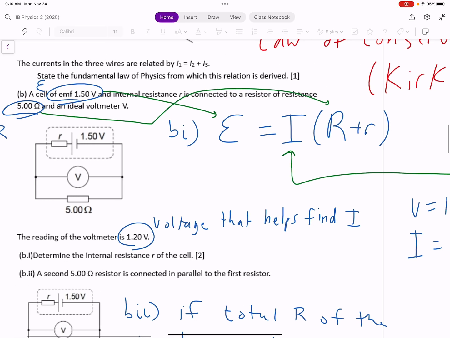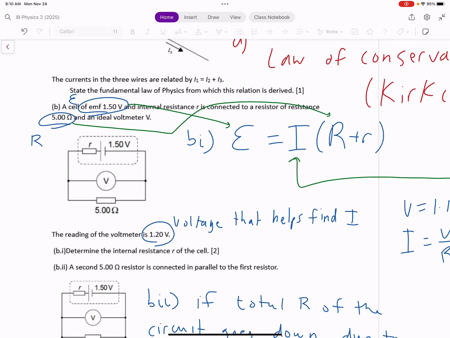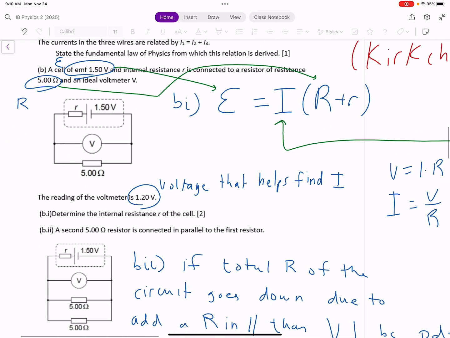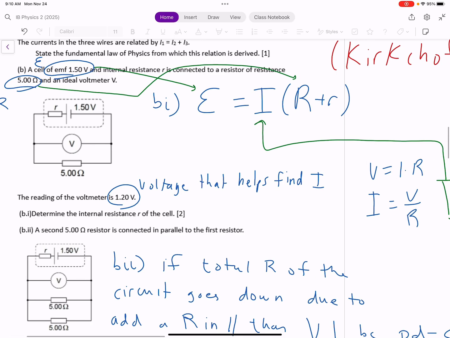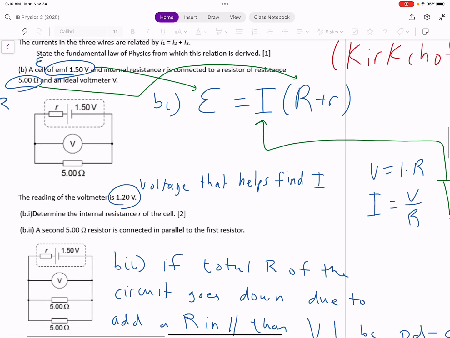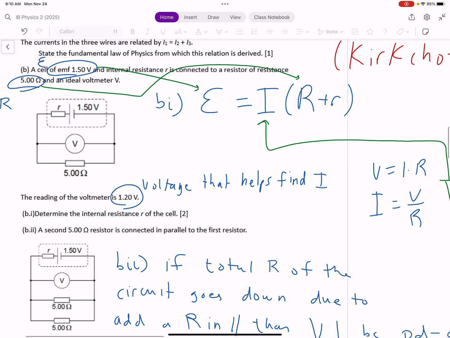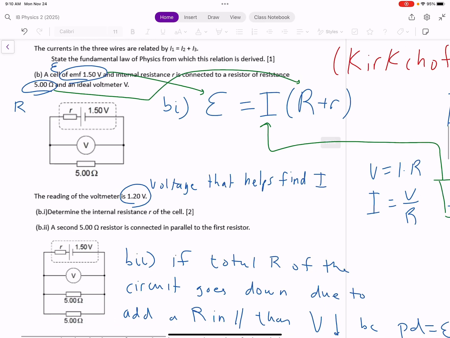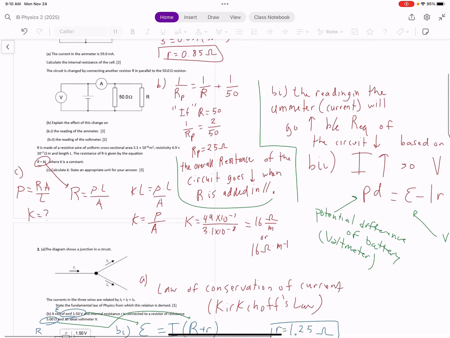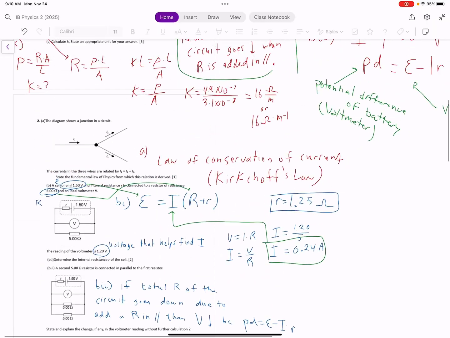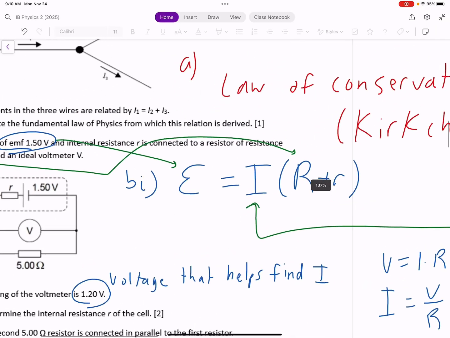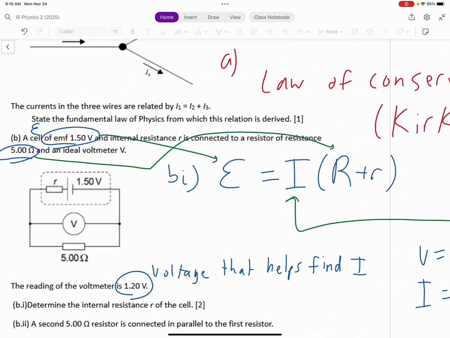Here we have the original equation we used in question 1 again. We're going to plug in the resistance, capital R, the voltage. This is slightly different. No, I think this is the same equation. Let me see. Yeah, it's the same equation. So the one thing that we're not given is the potential difference. We're given the EMF.